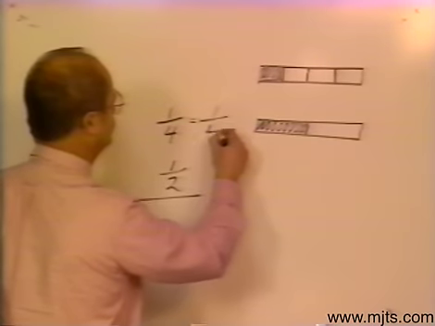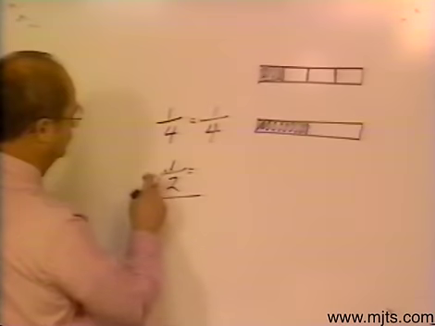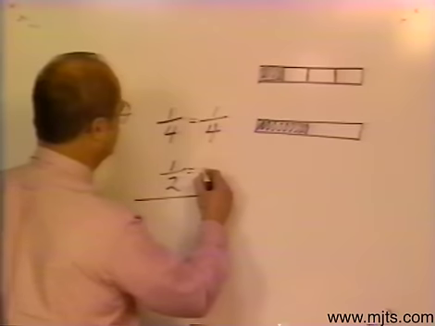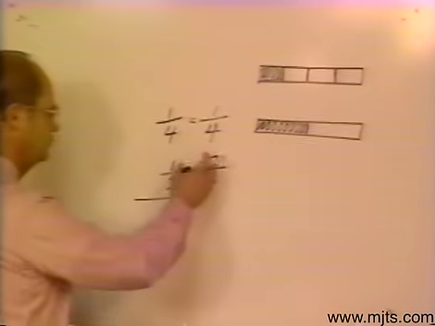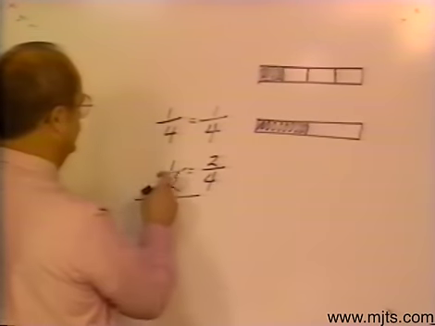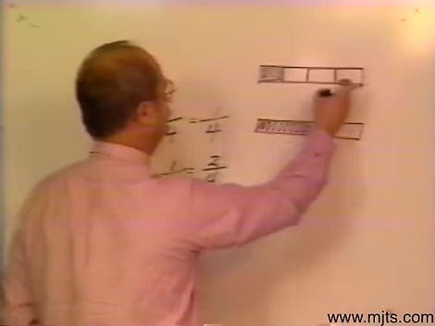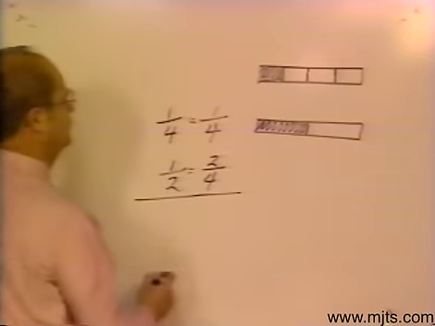We have 1/4. Now I want to multiply 2 on both sides, both my numerator and my denominator, so that I would have 2/4. Now 2/4 is the same value as 1/2. However, I'm dividing into the same size segments so that I can add my fractions together.